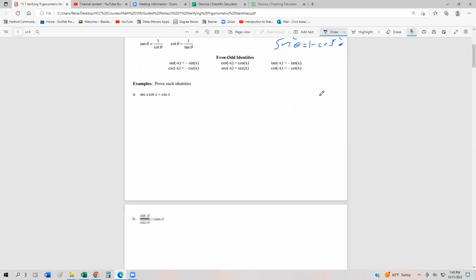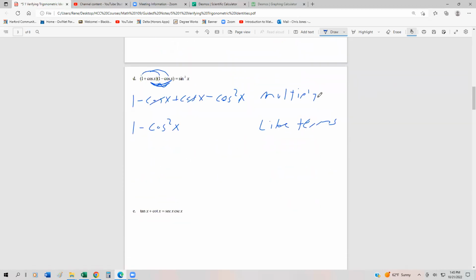And so going back down here, 1 minus cos squared is going to be sine squared of x in this case, and that's just by our Pythagorean identity. All right, so pretty easy proof after you've seen the steps of it, but maybe initially it looks like it's going to be a lot harder than necessary.